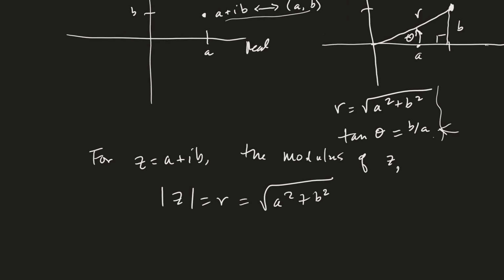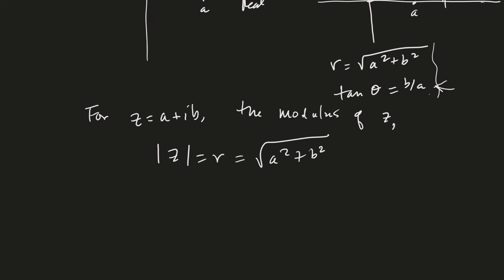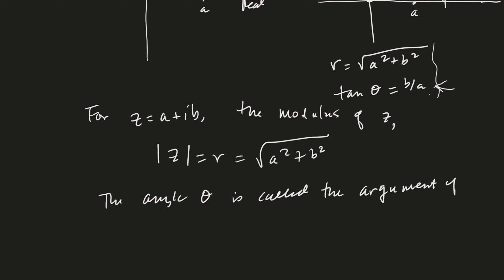Okay, and then the angle theta that makes up the complex number is called the argument of the complex number. So often we'll abbreviate it as theta equals arg z.